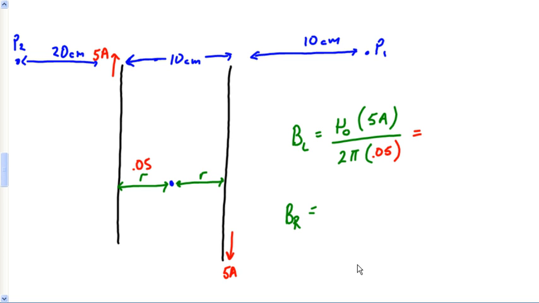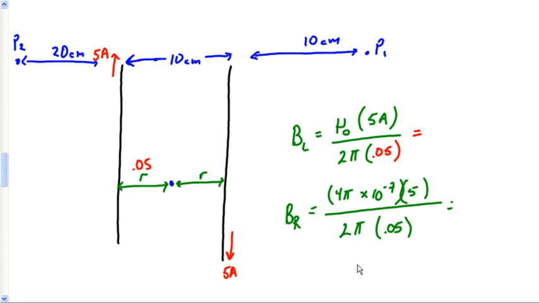Now I'm going to write it out just to show you how to simplify this. 4 pi times 10 to the negative 7 times 5 over 2 pi, and you already notice the 4 pi and the 2 pi simplify this. When I go to put this in my calculator, I don't type all this in. My first video I did, but I don't.